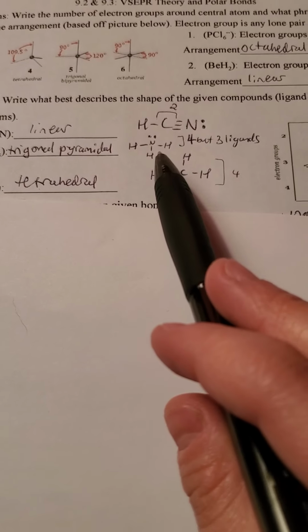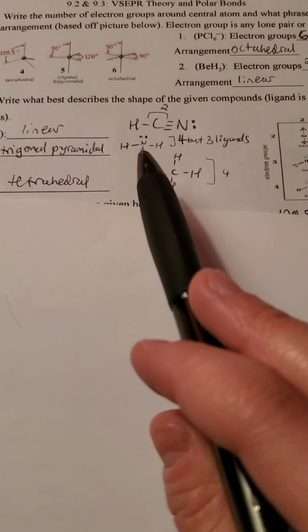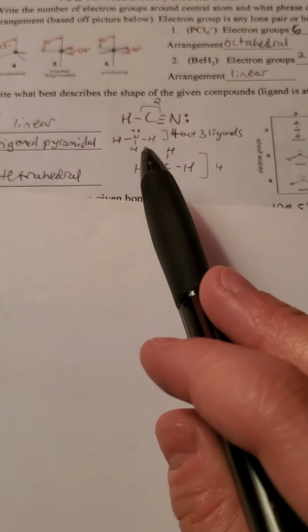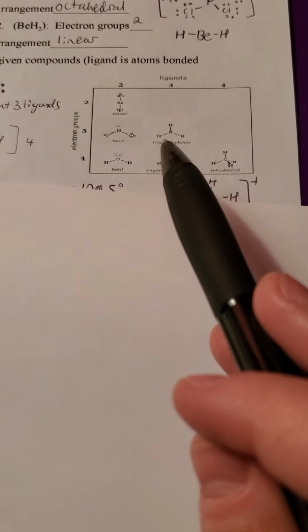This is NH3, right? So when we do the Lewis dot structure, we get this. And it's 4 because of the lone pairs here. But there are just 3 ligands because there's only 3 actual atoms. So because of that, it's trigonal pyramidal.